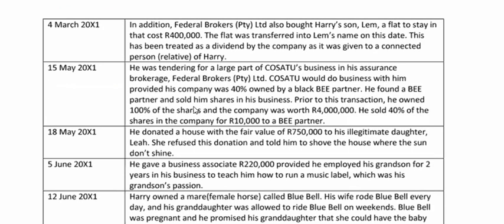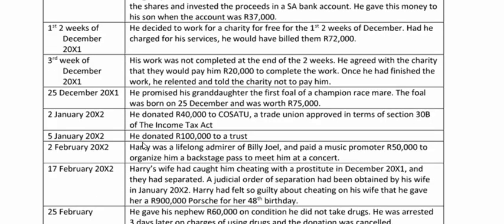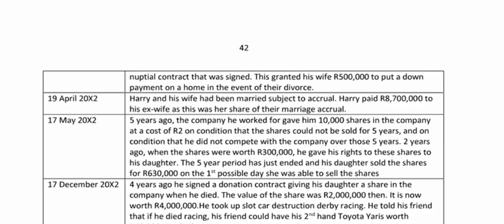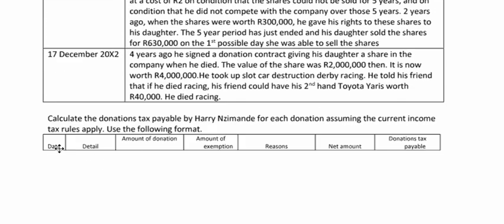So what I'd like to do is let me go through this question and I'll show you the structure that you should use. You should have the date of the donation, some details, so sold, donated a car or donation to wife or something like that, the amount of the donation, the amount of the exemption, and the reason.